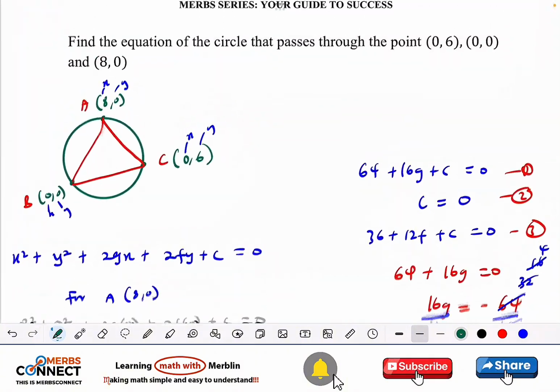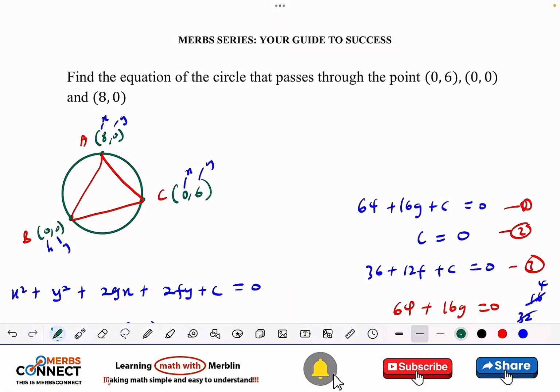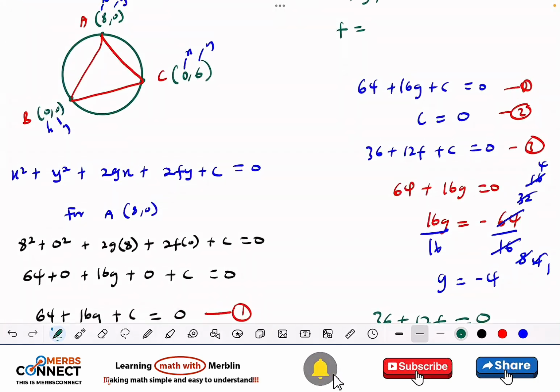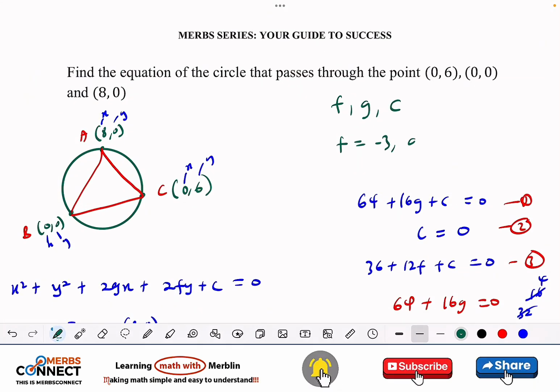So anytime you are dealing with the equation of a circle which passes through 3 points, you are finding 3 variables. You are finding f, you are finding g, and you are finding c. So now we're able to find f. f is equal to minus 3, g is equal to minus 4, and c is equal to 0.